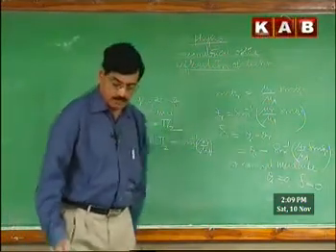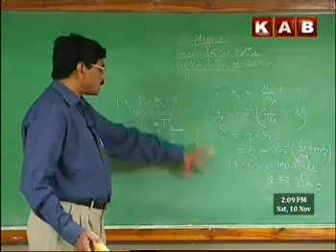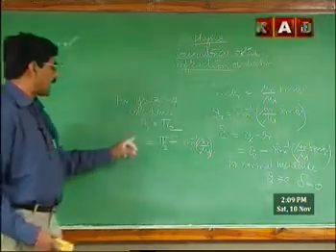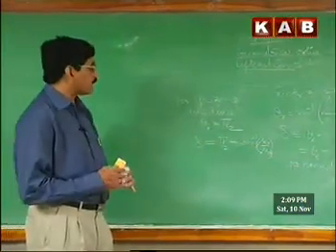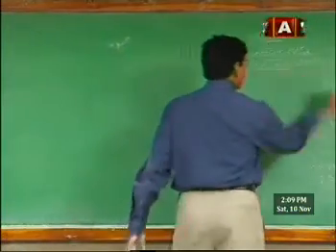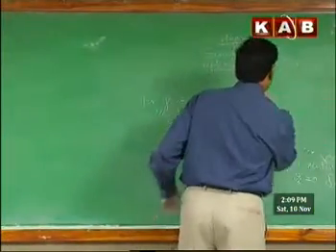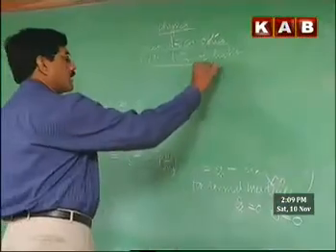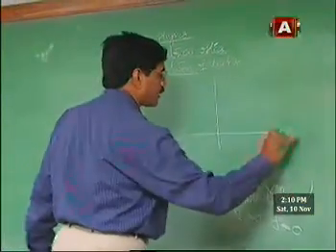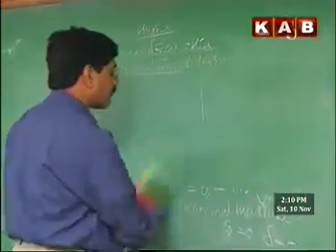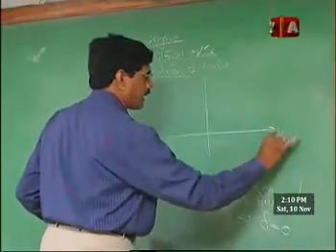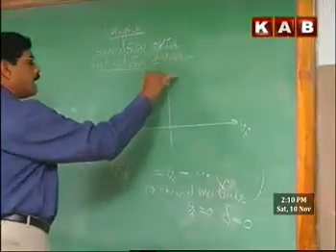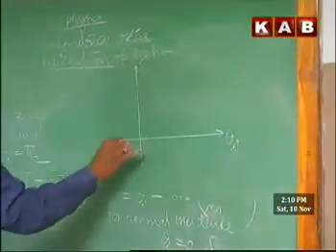Delta is a function of theta. How to represent this variation of deviation angle with angle of incidence in the case of a light ray travelling from rarer to denser medium? The plot will be as shown. We are plotting a graph between angle of incidence theta I and angle of deviation delta.